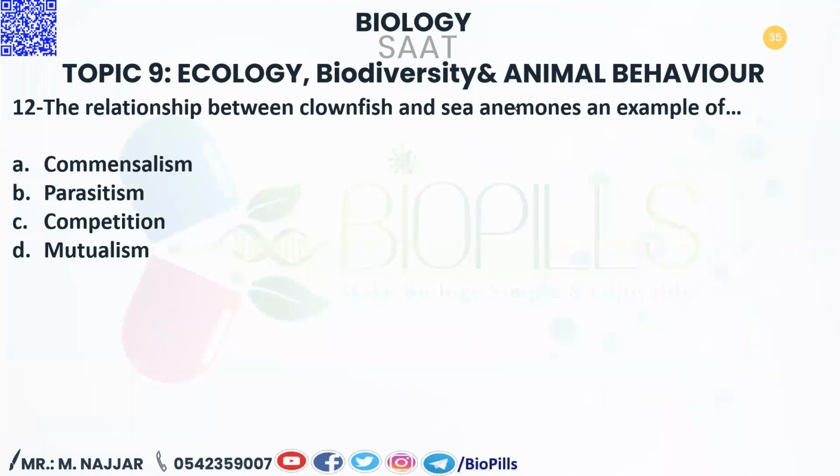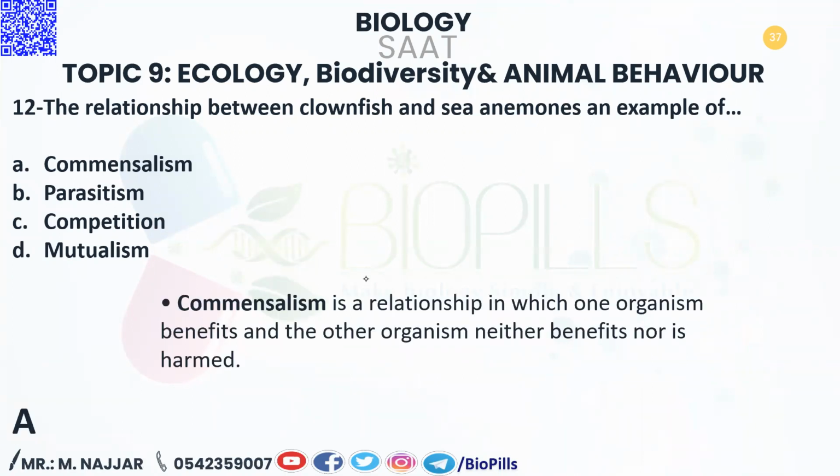Question number 12, the relationship between clownfish and sea anemones is an example of A, commensalism, B, parasitism, C, competition, D, mutualism. Yes, of course. The correct answer is A, commensalism. And what is commensalism again? Commensalism is a relationship in which one organism benefits and the other organism is neither benefited nor harmed.